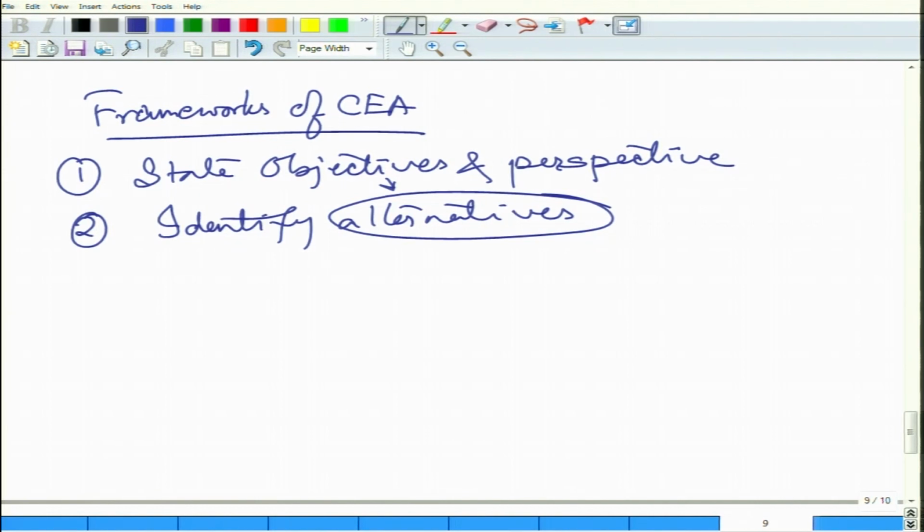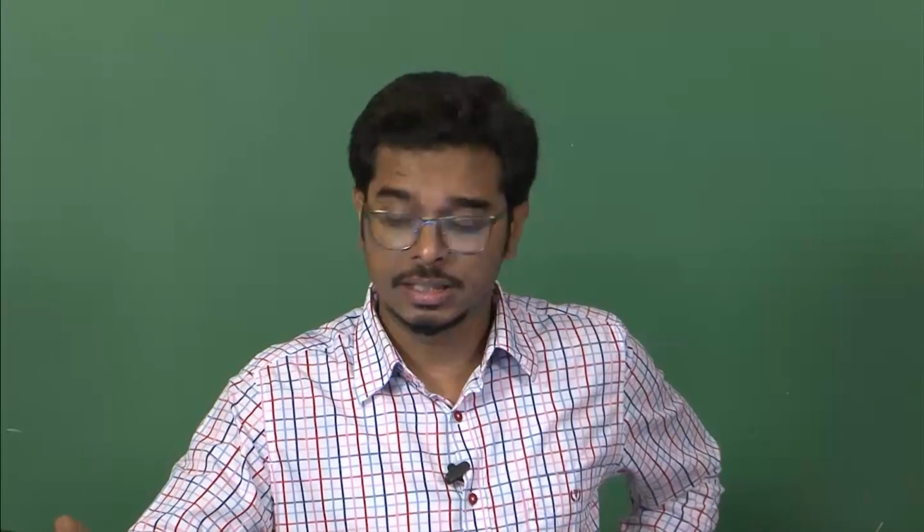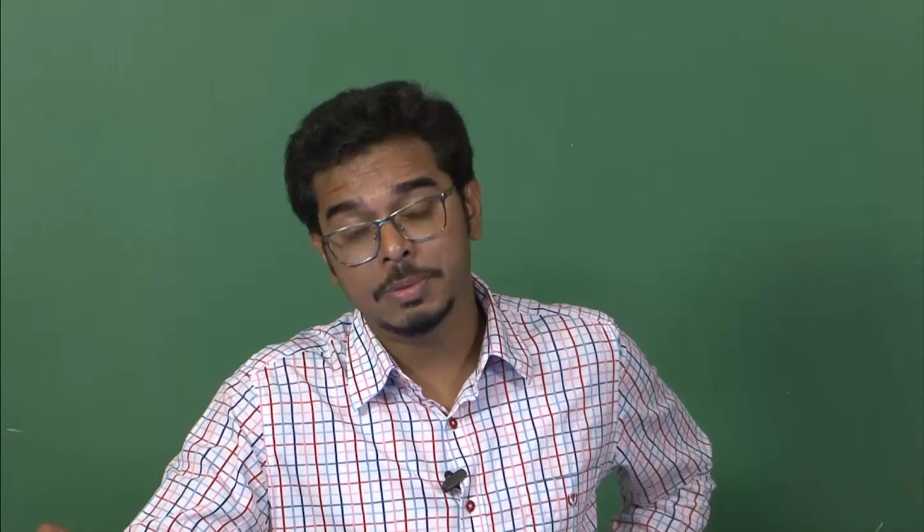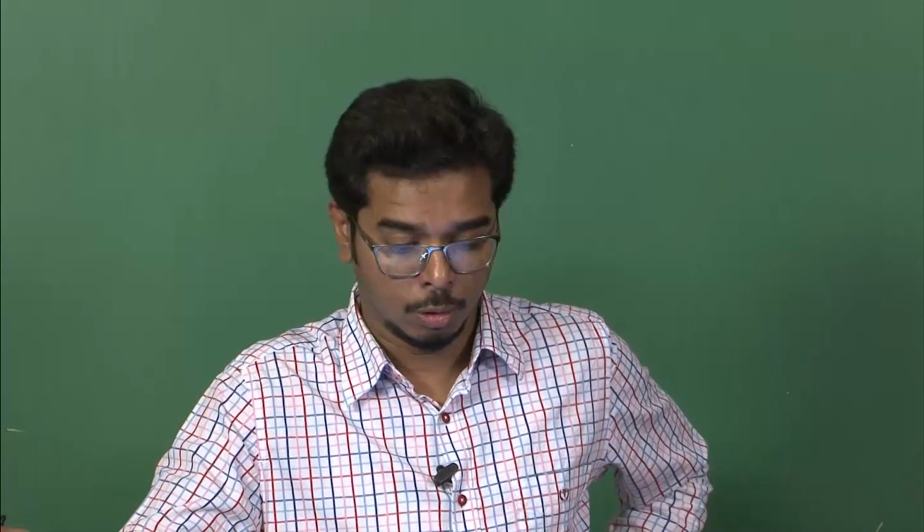So my objective is maybe improvement of mobility, but then that can be treated by an orthopedic surgeon, by a neurologist, by a physiotherapist. Within neurology and within orthopedics there are several processes. So all these are my alternatives.